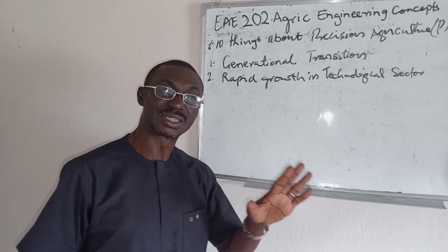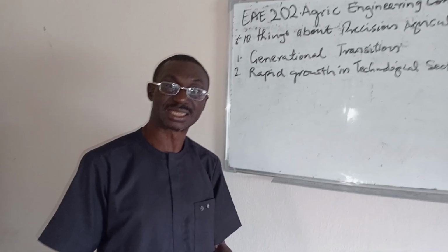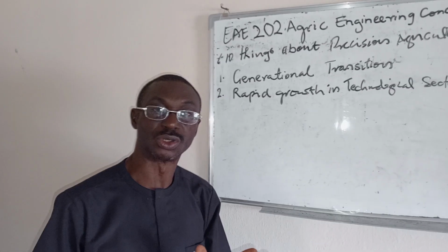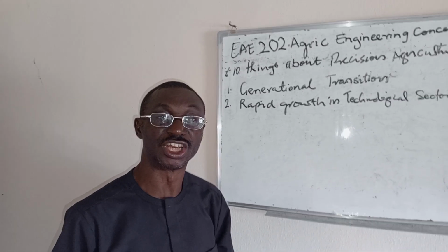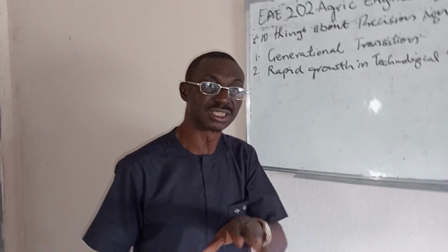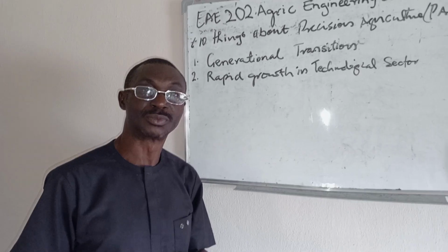Mind you, at the beginning we said agricultural engineering is application of engineering practices and principles into the field of agriculture. So there is a technology increase, and that technological increase will help you to achieve your precision agriculture.